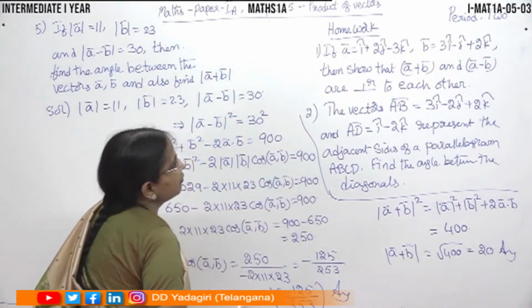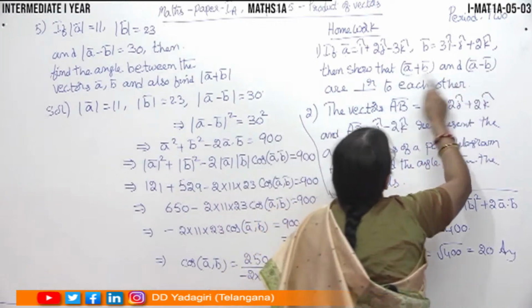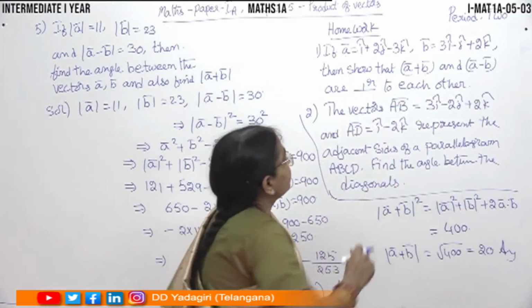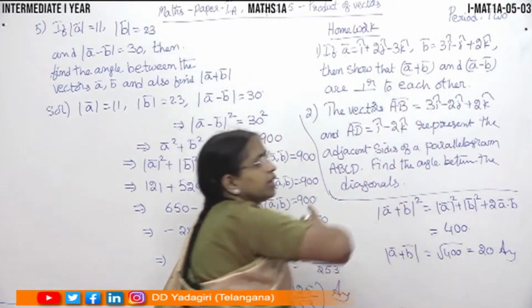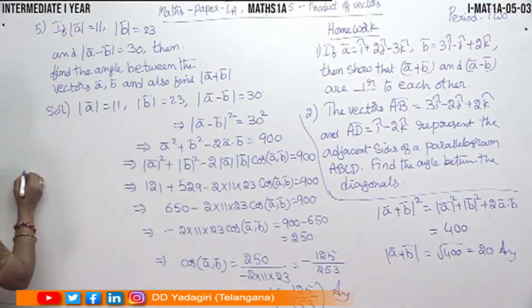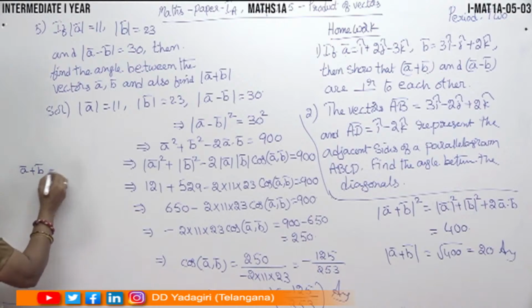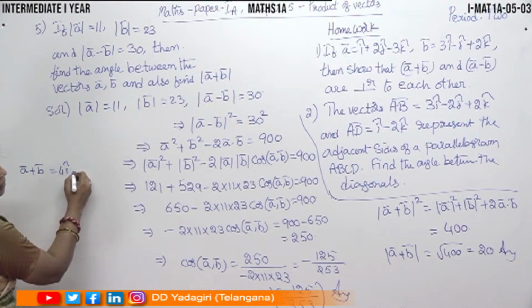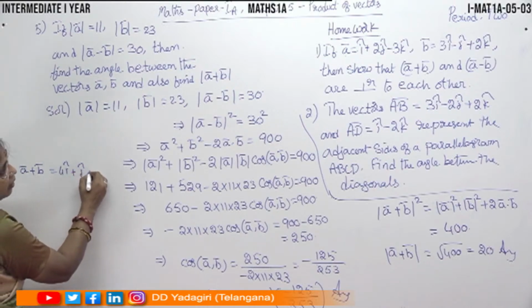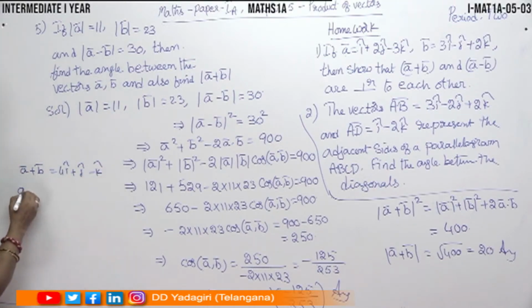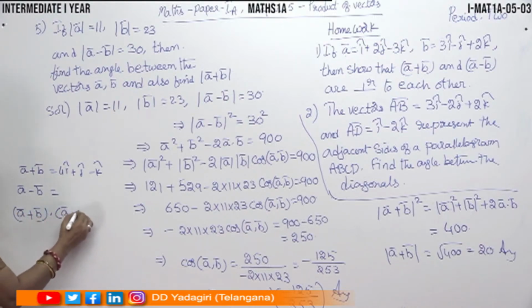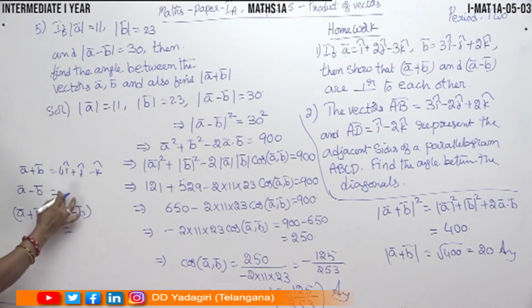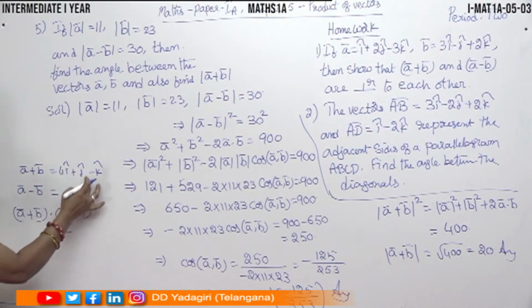Now in this homework, show that A plus B and A minus B are perpendicular to each other. So first find A plus B and then A minus B. A plus B, when you add, you will get 4i plus j minus k, and then find out A minus B. Then find A plus B dot A minus B. It is a1 a2 plus b1 b2 plus c1 c2.